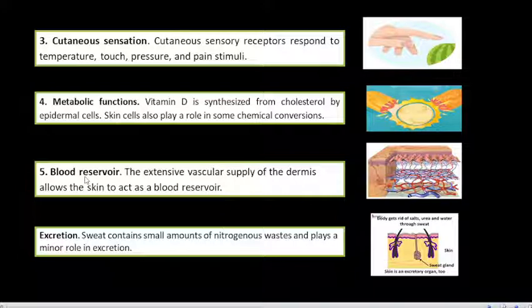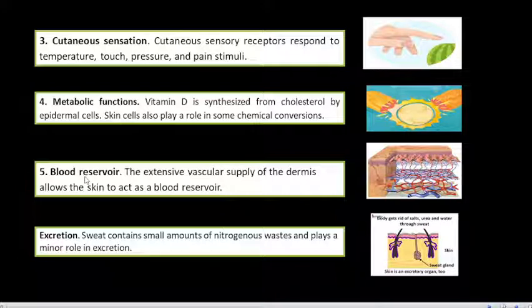Okay? So, the extensive vascular supply of the dermis allows the skin to act as a blood reservoir. So, ang mga blood capillaries kasi natin class or blood vessels are present on the dermis layer. We have the outer layer epidermis and below it is the dermis layer.